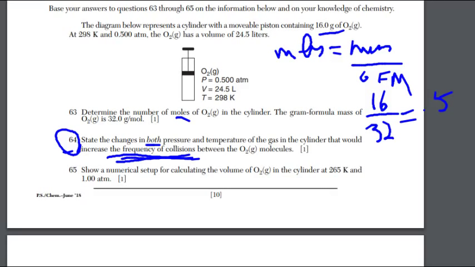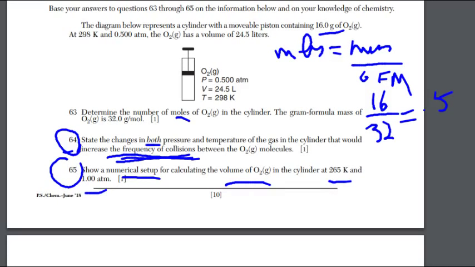Okay, one more and we're done with B-2. For 65, we're showing a numerical setup. So that means we're just plugging in the numbers to calculate the volume in the cylinder at 265 and 1 atm. There is only one gas law equation you need to know.